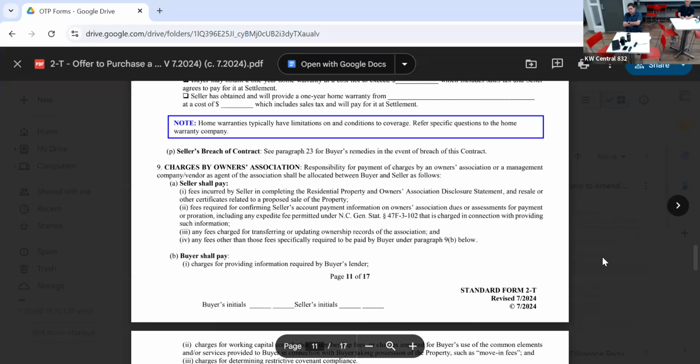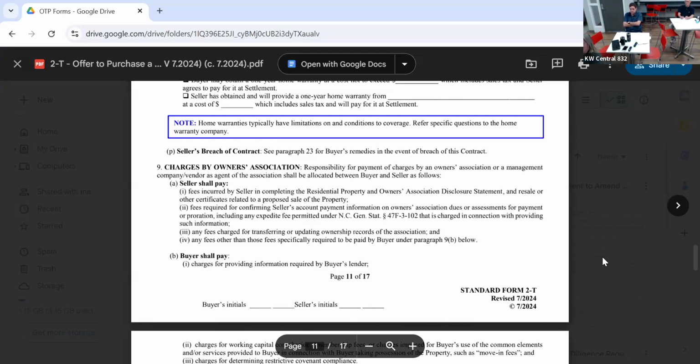Further, to go further into charges by owners association, seller shall pay fees incurred by seller in completing the residential property owners association disclosure statement and resale or other certificates related to a proposed sale for the property.